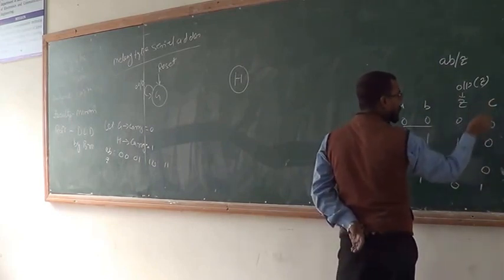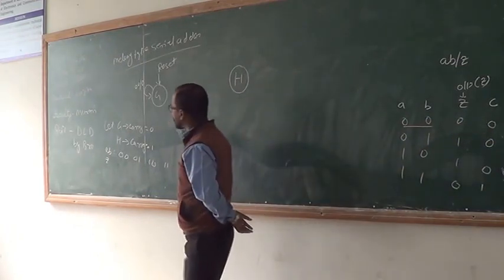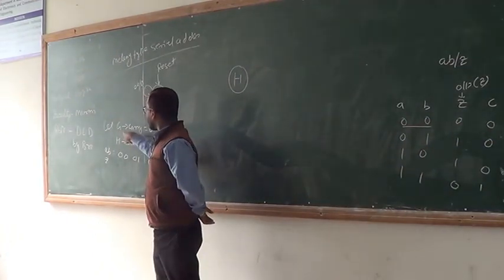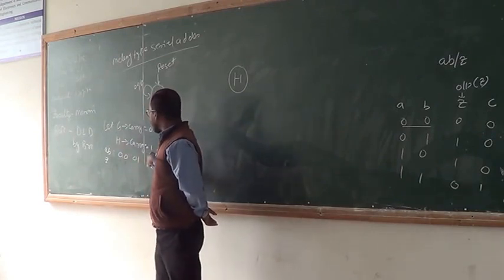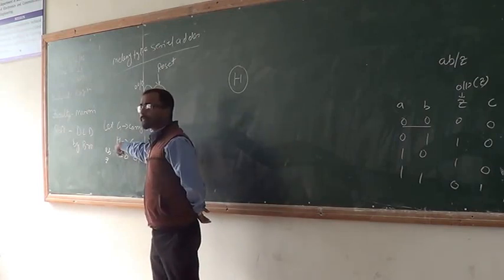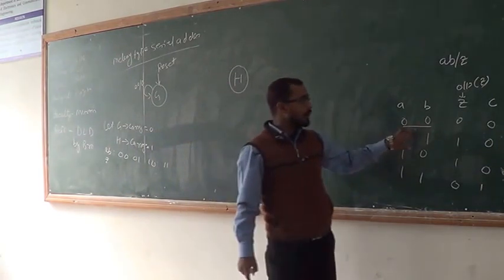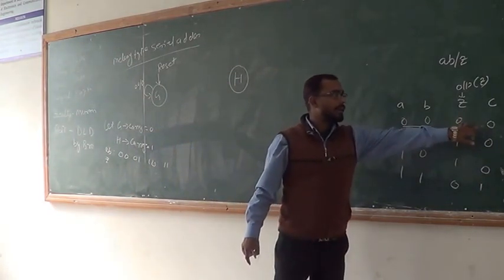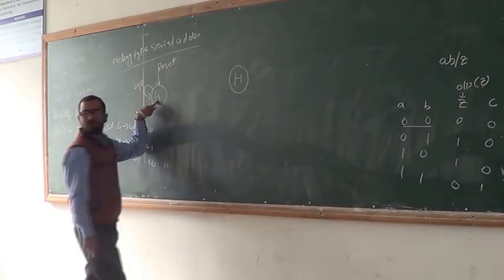And if you got the carry 0, then which state are you choosing? If carry is 0, we choose G state, and when the carry is 1, we choose H state. That means when 00 comes, the output is 0 and the carry is also 0. That means it stays at G state.